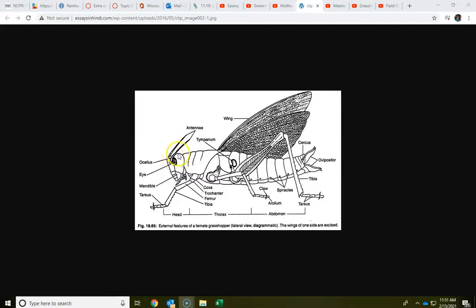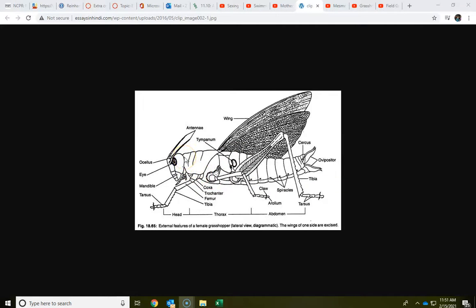The head, right, is the smallest of the 3 major segments on an arthropod. The thorax is basically from the head back, these segments that contain the 3 pairs of legs. Okay, so grasshopper is a hexapod.